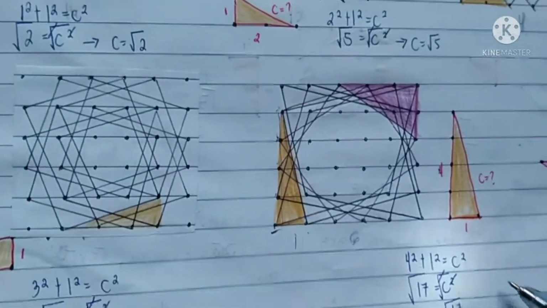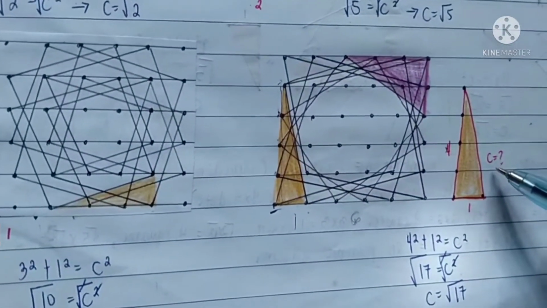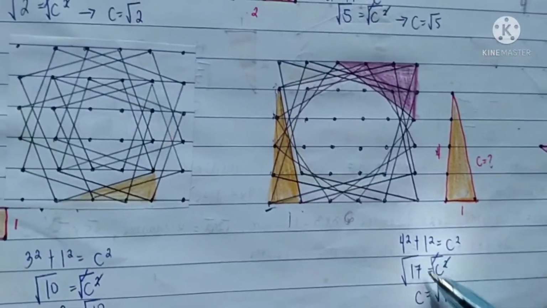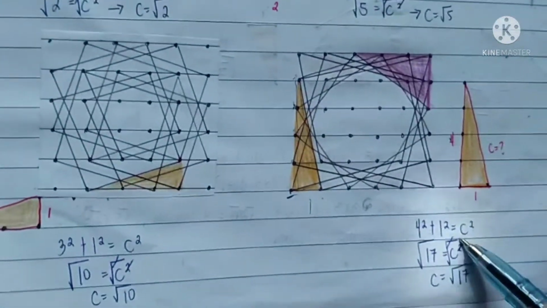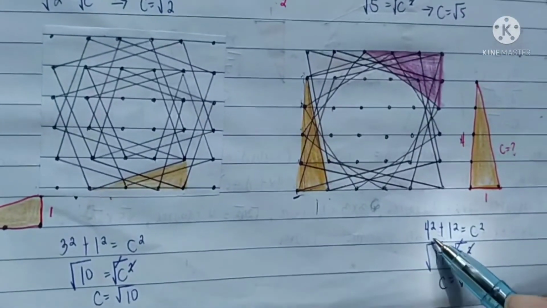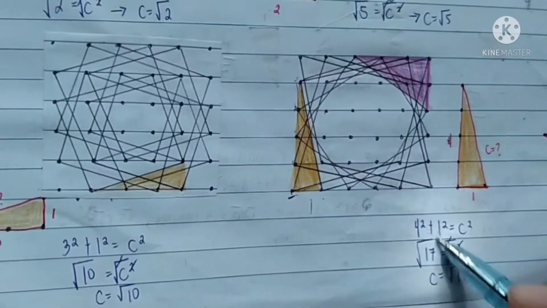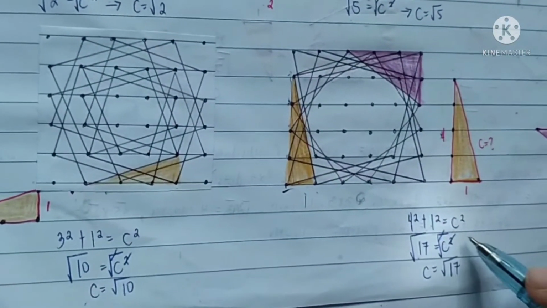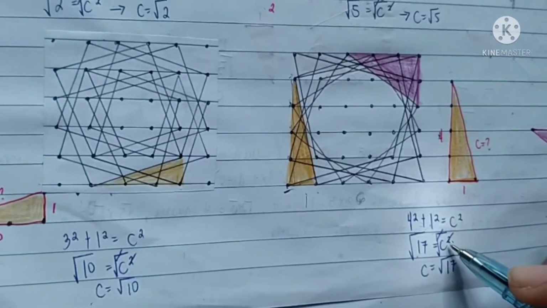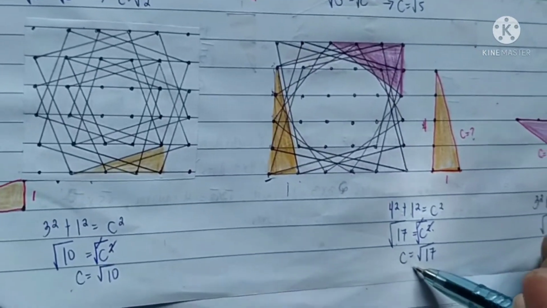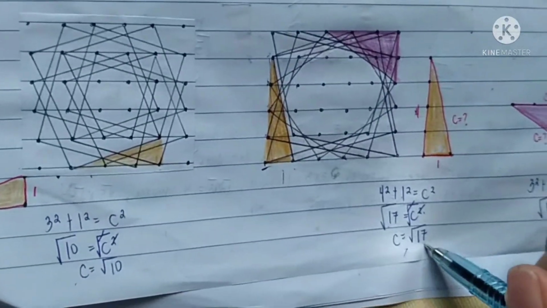So, ang unknown naman si C. Using the formula, substitute natin yung given. 4 squared plus 1 squared is equal to C squared. So, 16 plus 1 is equal to 17. Square root natin both sides para makancel C squared. So, matitira na lamang is C is equal to square root of 17.